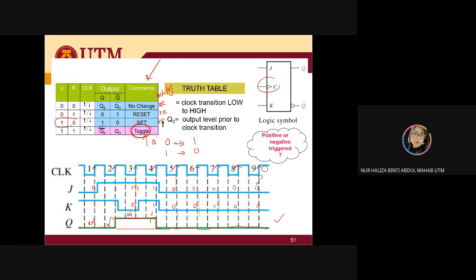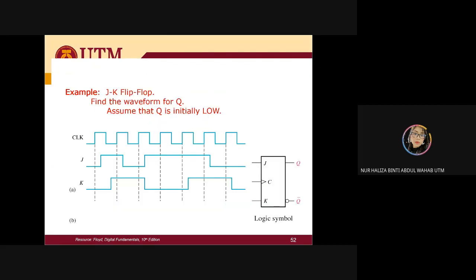Okay, now you can see this is another example. If you check here, it is a positive clock, and initially it's mentioned it's going to be low.